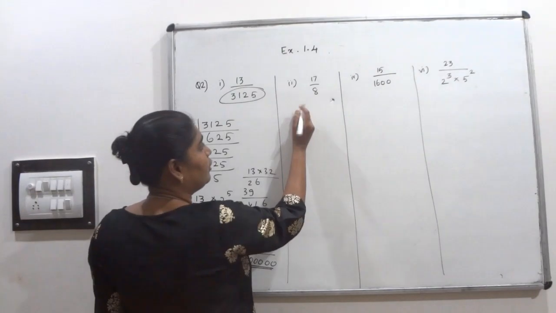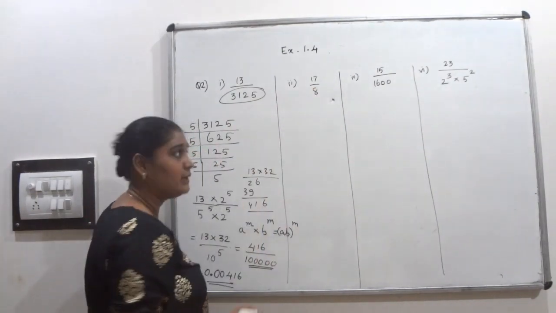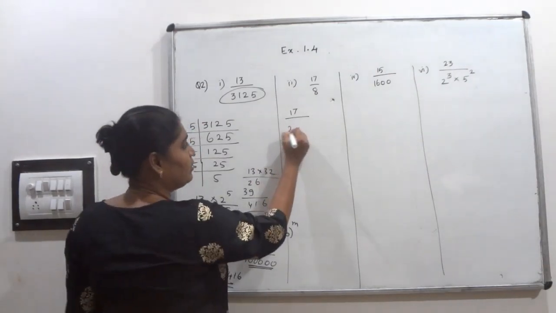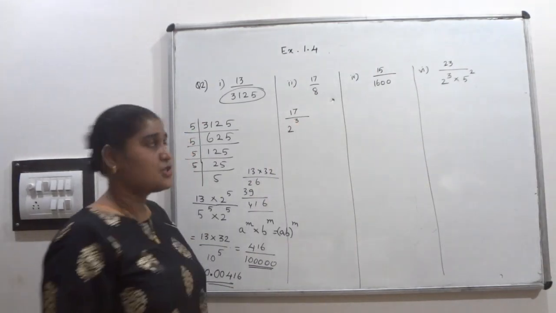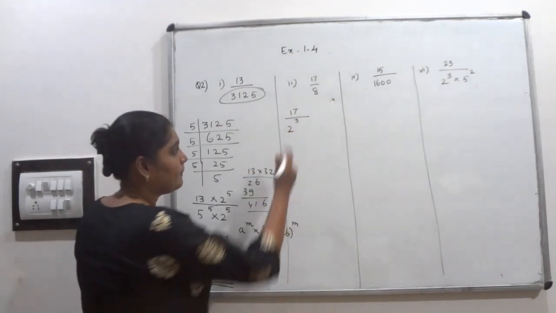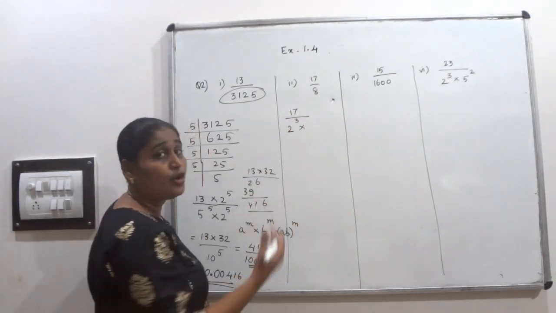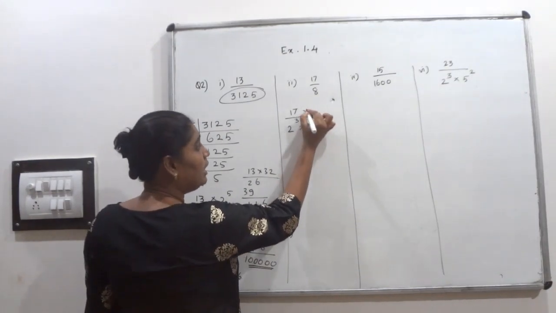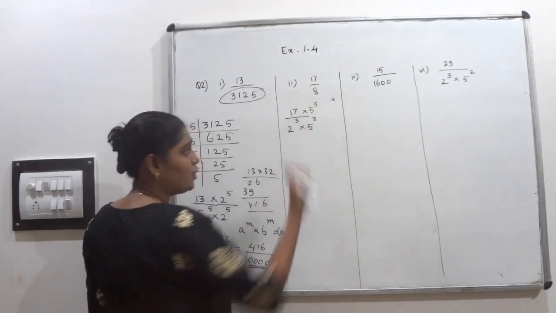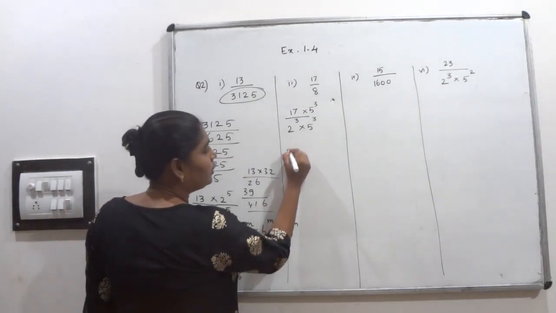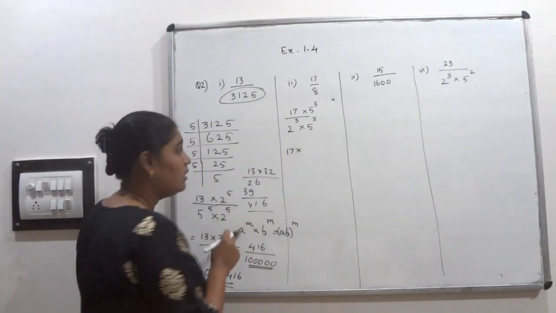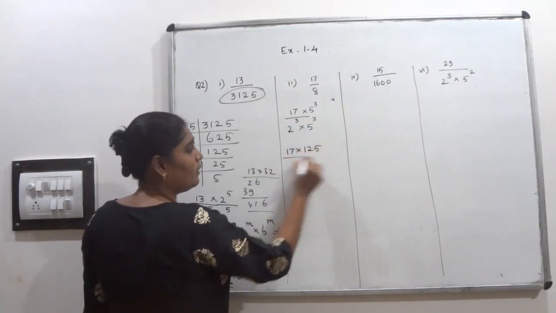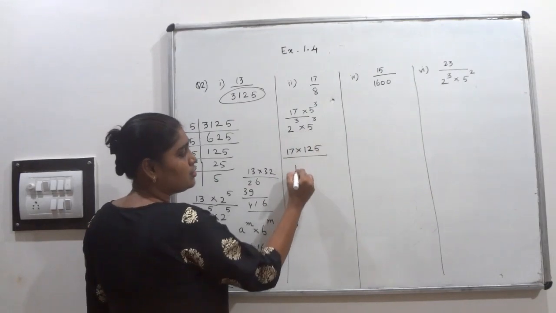Now for the second part, 17 upon 8. The prime factorization of 8 is 2 power 3. Now I want to make the denominator 10. That's why I have to multiply 5 power 3 in the numerator and denominator, so that the value will not be changed. 17 into 5 power 3 is 17 into 125, upon 5 into 2, that is 10.